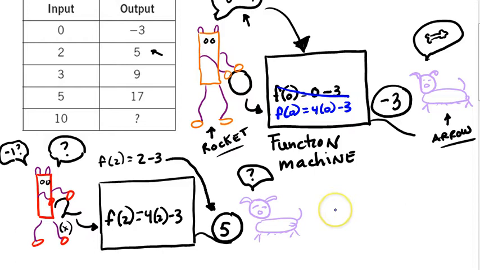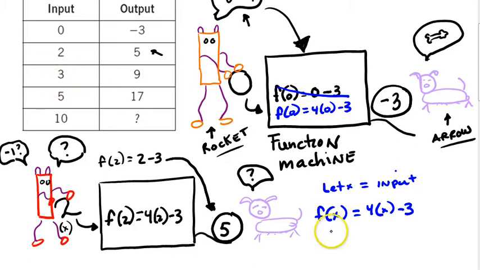And so he writes himself a little equation, or function. He lets x equal the input. So the function of his machine on x, or any of these inputs, would be 4 times his input, or x, minus 3.